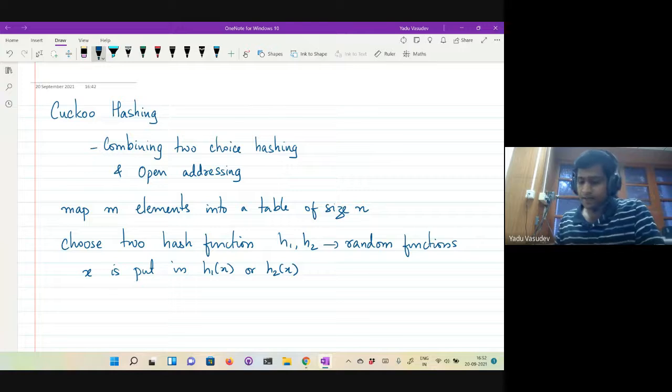And if there is a y in both h1(x) and h2(x), you find the place to which y can be moved. So you move y from that position to its alternate one, right?